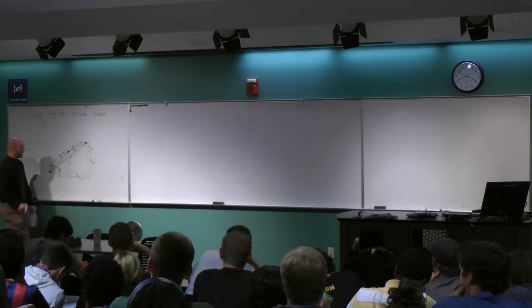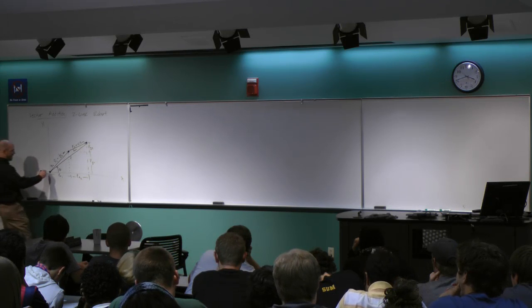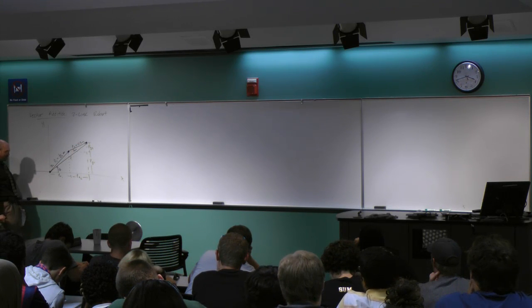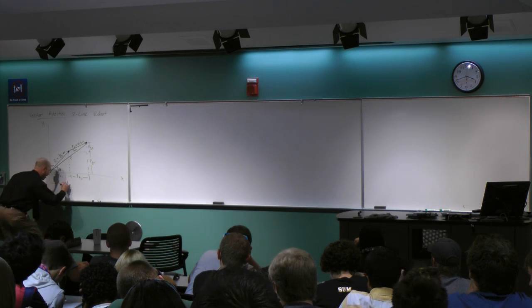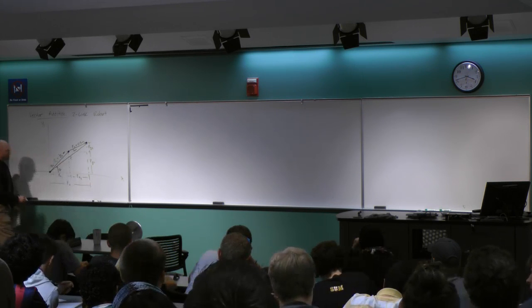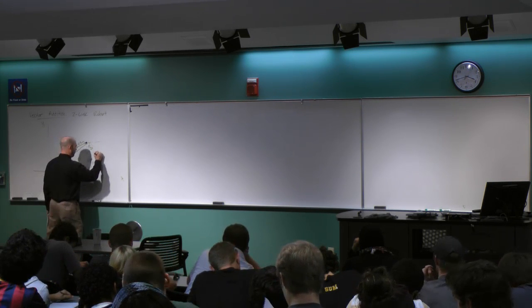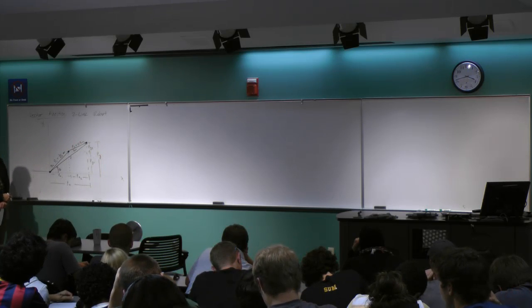If you just stand back and look at this for a minute, if I were going to write the entire vector P now, just the single vector, in terms of x and y components, would not Px be this entire distance from here to here? And would not the y component, Py, be the entire distance from here to here?